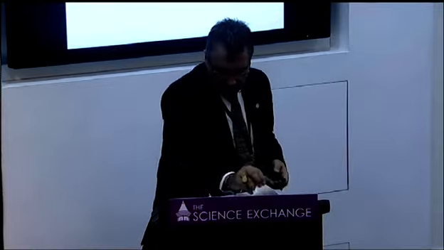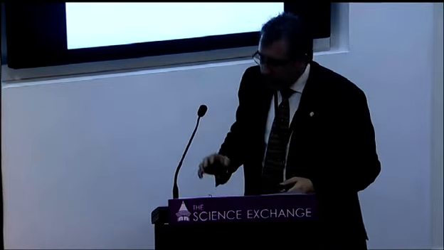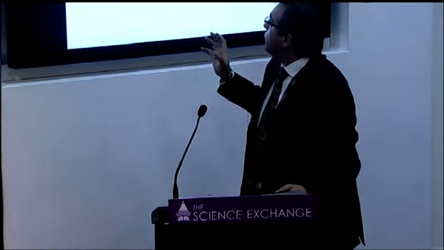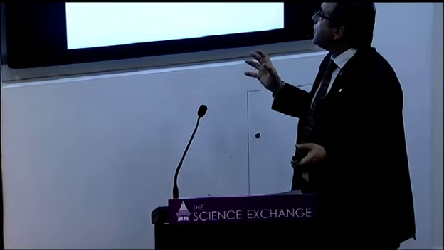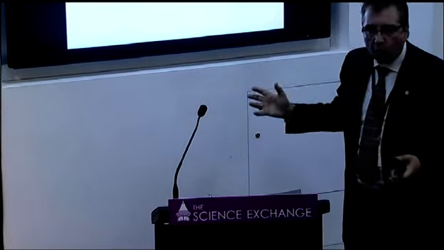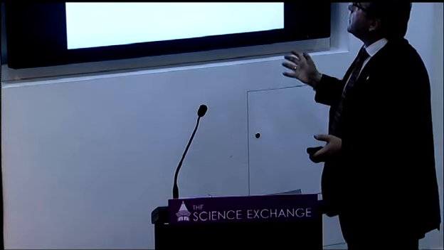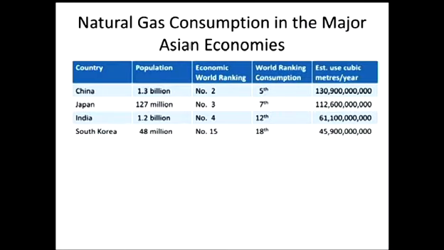First, I thought I'd start off by giving a few figures just to give you an idea of the sense of the scale of the problem, right? We're dealing with the major Asian economies, for instance, and here I break it down to China, Japan, India, and Korea.